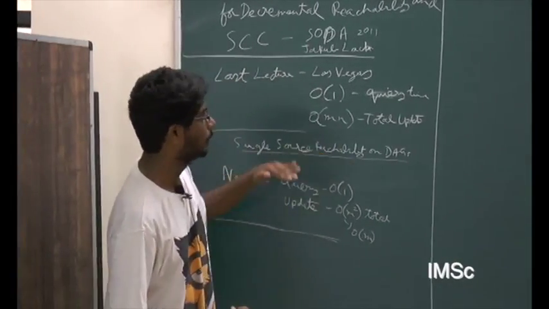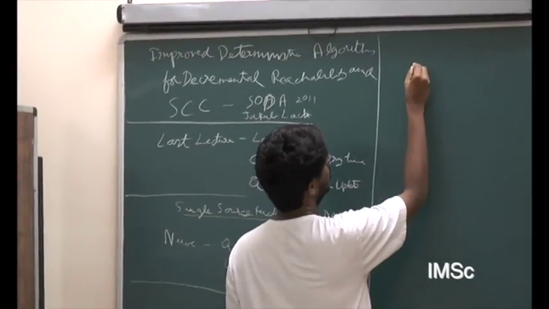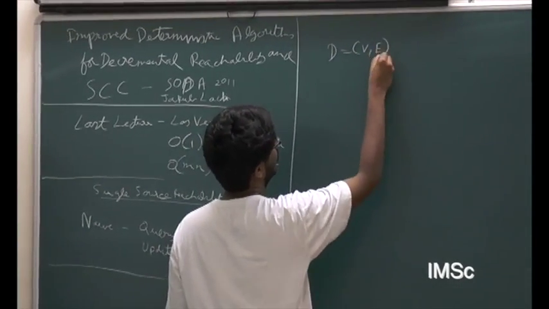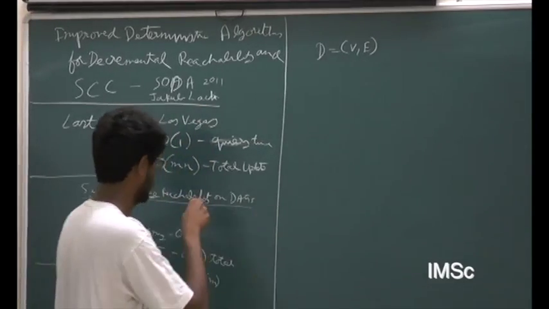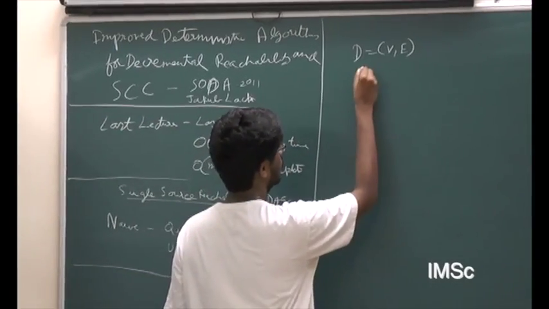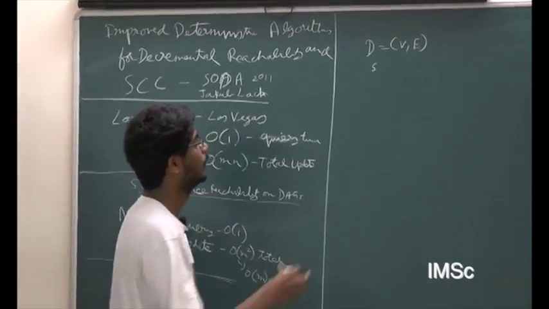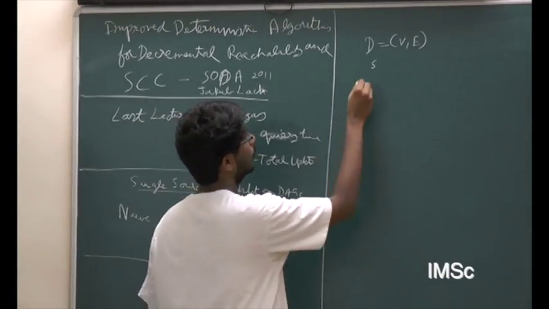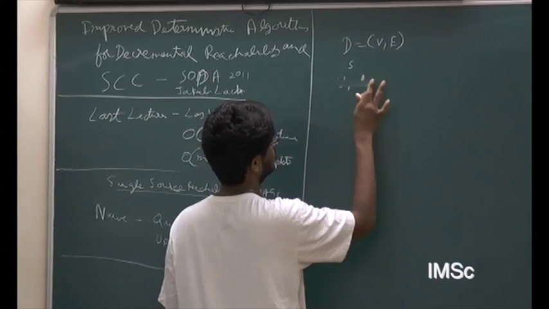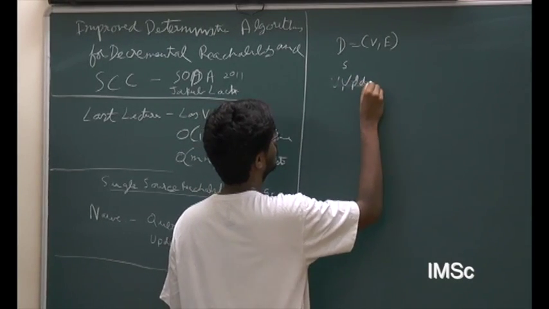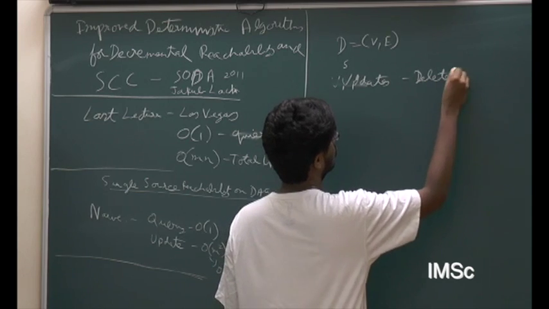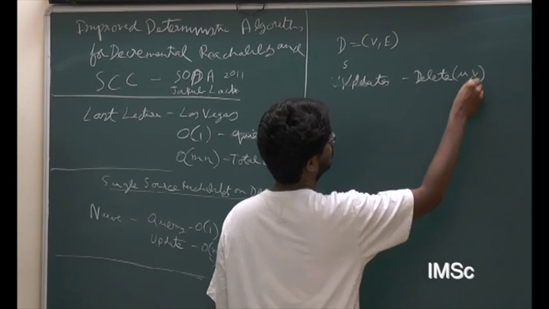So what is the problem now? You are given a DAG G equals (V, E). You have a particular vertex, call it S, and you have a series of updates: delete of u comma v.